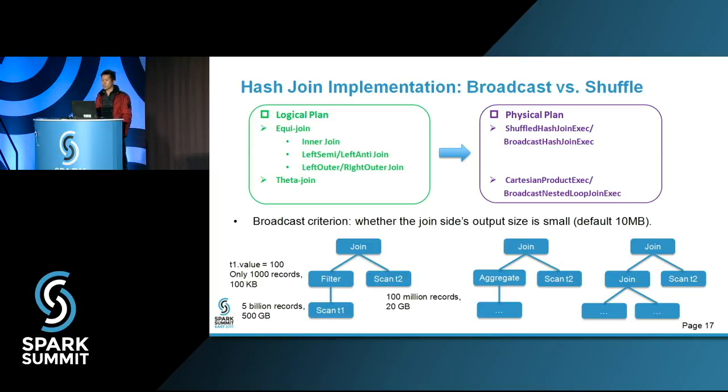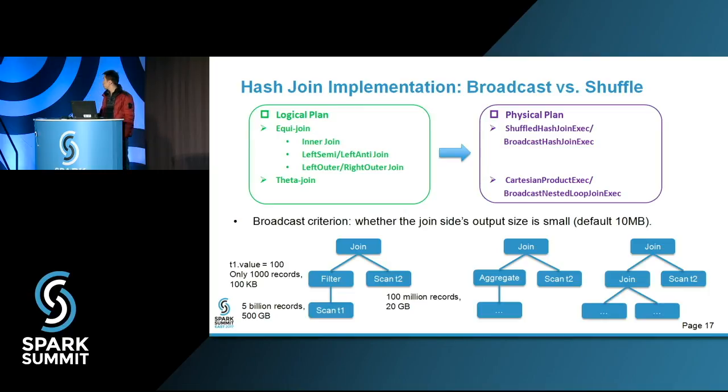So we had better avoid shuffle and use the broadcast hash join if possible. In Spark, we have a broadcast criterion, which is whether the output size of one side of the join is small. If it's small enough, we can broadcast that side and use broadcast hash join. Otherwise, we have to use shuffled hash join.